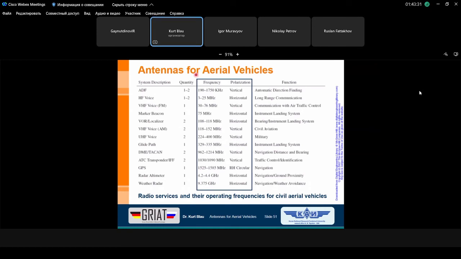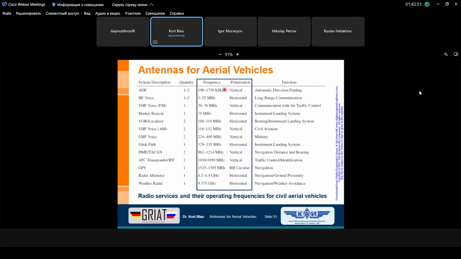Here in this table, I have listed them again sorted by frequencies. Low frequency means large wavelengths, so sorted starting with the largest wavelengths, going down to the smallest wavelengths. All these radio services again.